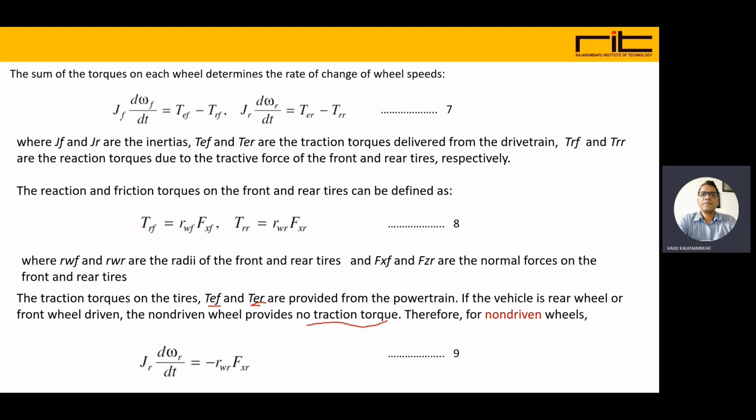So whenever the engine is coupled to the front wheels, it will provide the traction torque. If it is connected to the rear wheel, it will be provided by the rear wheel torque. Therefore, for non-driven wheels, Jr d omega r by dt is equal to minus r_wr into Fxr.